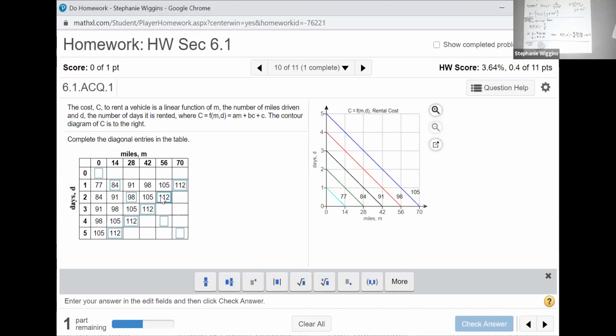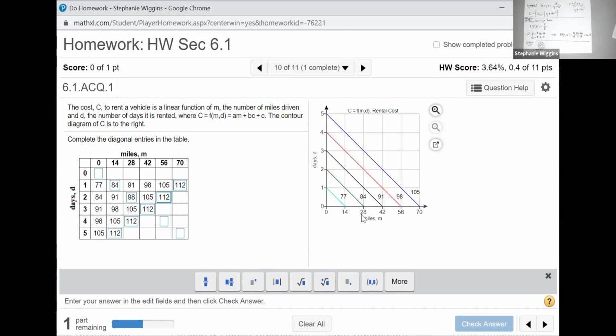Now, how are these two tables related? Well, let's just pick a point here. For example, this point right here has miles of 28 and the number of days is 2. So from our chart, we have 2, 28, and you can see that the value in there is a 98.